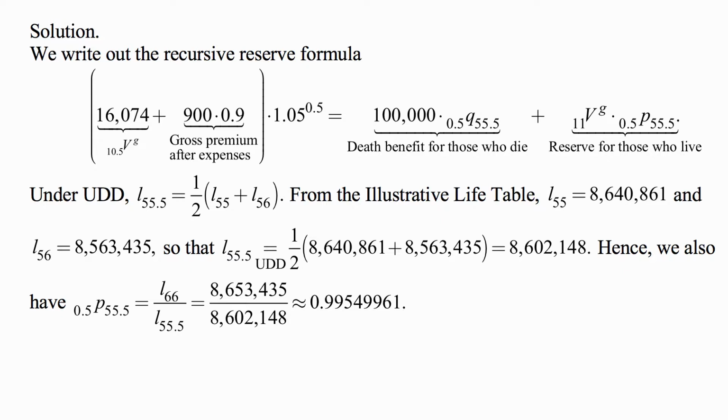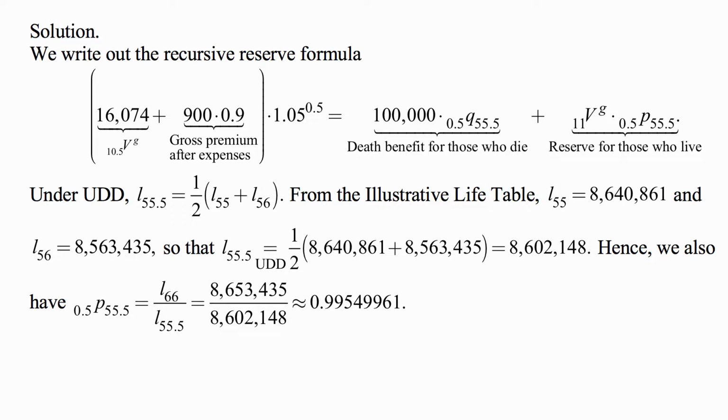Under uniform distribution of deaths, the population size at age 55.5 is exactly the average of the population at age 55 and age 56. From the illustrative life table, we look up L55 to be 8,640,861 and L56 to be 8,563,435.